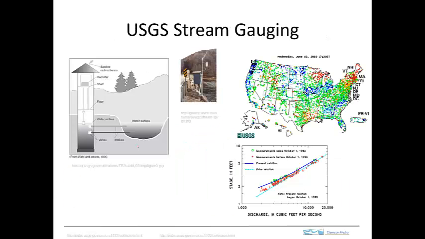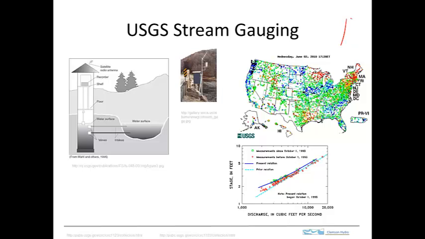So the USGS has a network of gauging stations where they measure the flow rate in streams, and this is a valuable resource for hydrogeologists. You can, in many cases, find a stream gauging station fairly close to where you are and use that to obtain data that can be very helpful.